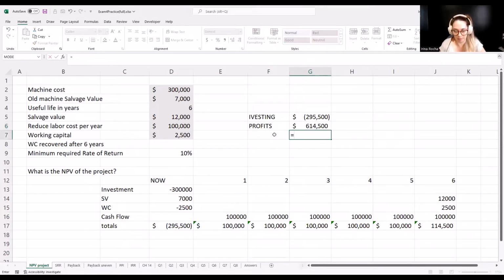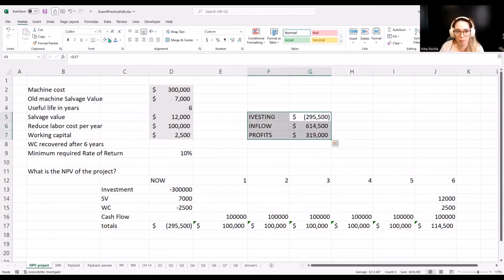And then I can say my profits are going to be my investment, which is negative, plus the inflows. Oh, this is going to be a very profitable project, we might think, right? $319,000.